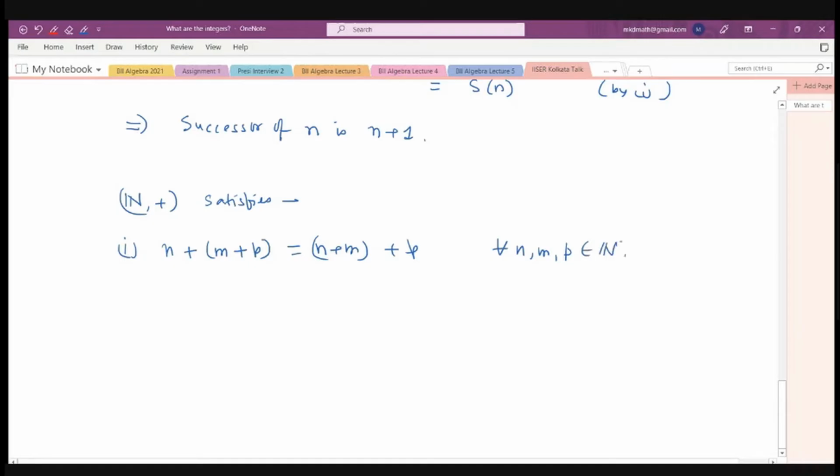You can add two natural numbers at a time. If you have three, you have two ways of doing it: you add m plus p first, then add n, or you add n and m first and then add p. Associativity says that you can shift the brackets. Now, can anyone tell me how to prove this?